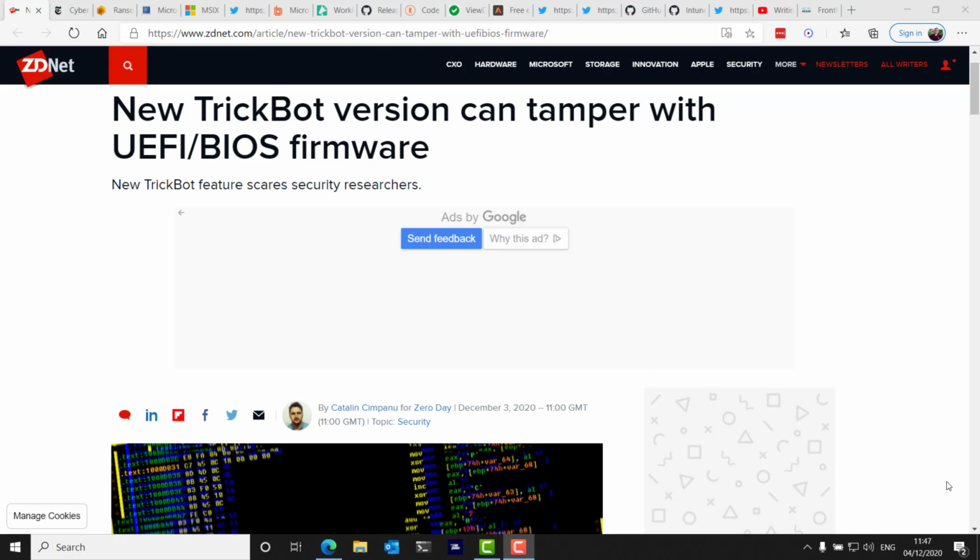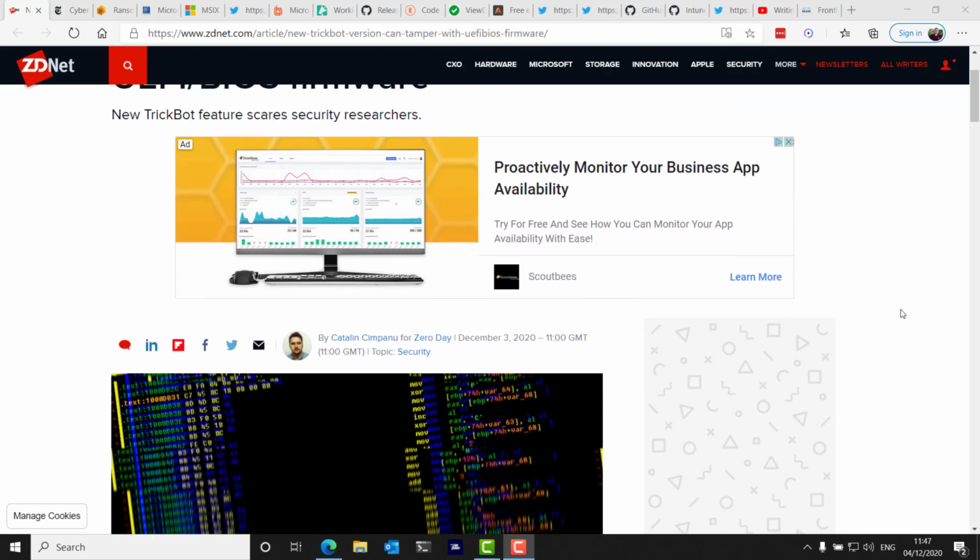ZDNet reported this week that a new version of Trickbot, which has been used to infiltrate corporate systems and has been sold to ransomware gangs for launching their own attacks, has a worrying new feature. It has been found that there is code in the latest version that is doing a BIOS and UEFI check. Right now the code is doing some checks and is not modifying anything, but experts believe this could be the start of something bigger.